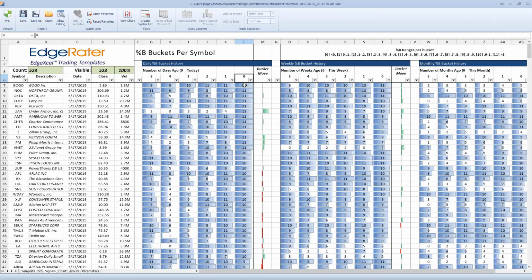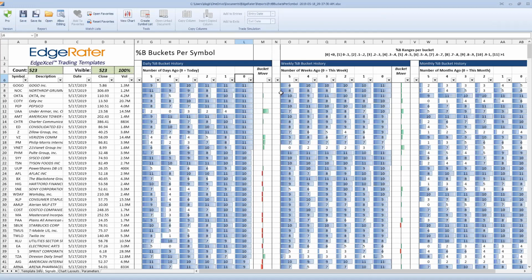This is really just an indication of where the current bucket is versus where it was the prior day. It takes the difference between column 0, current bar, and 1, prior bar.